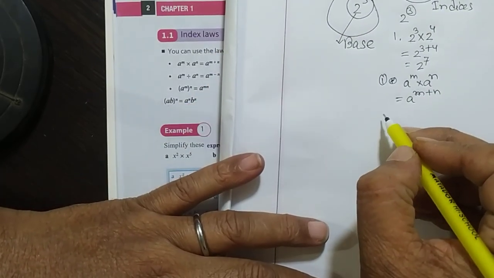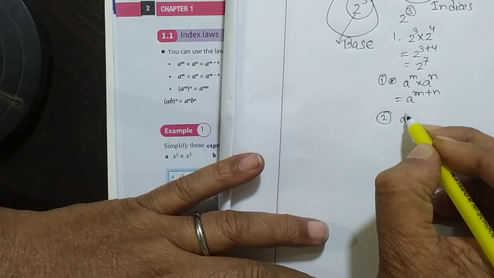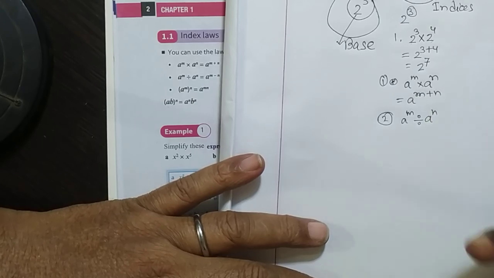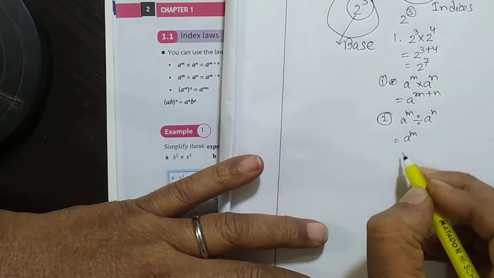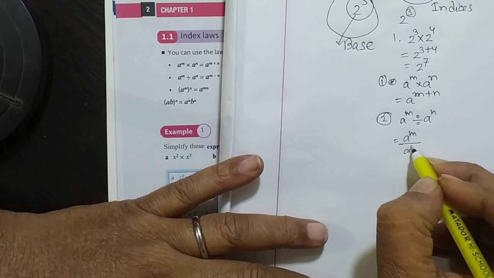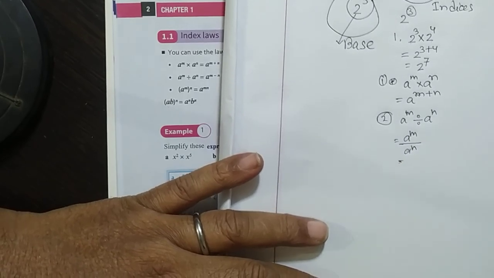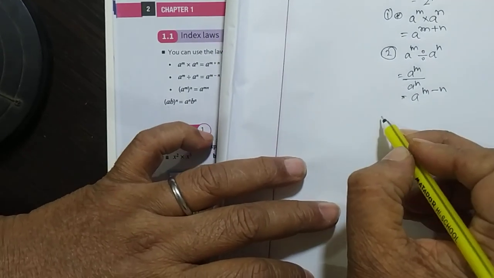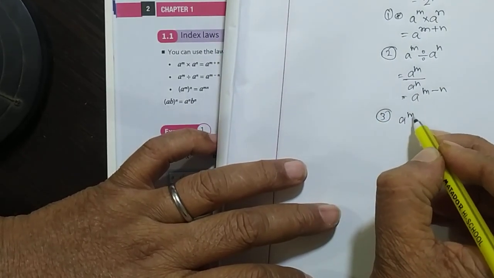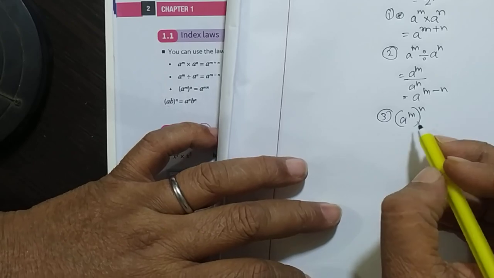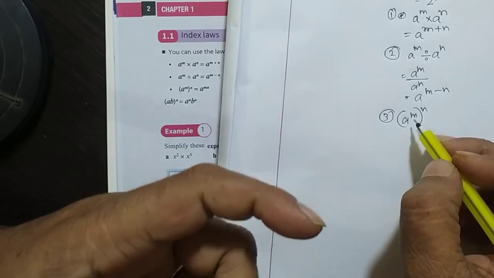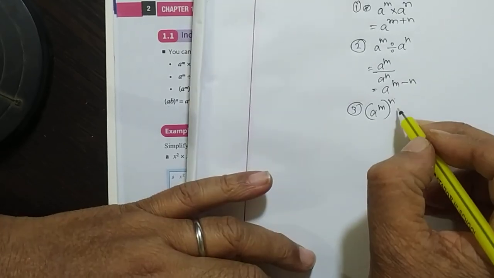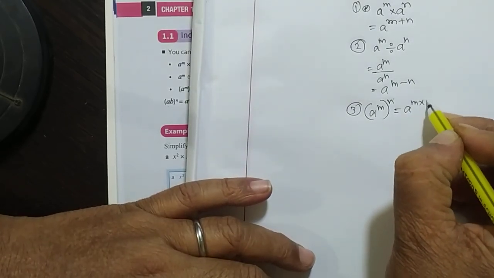Similarly, rule 2 is a to the power m division a to the power of n. It can be written as a to the power m divided by a to the power n, also same thing. So a to the power m minus n. Another rule given in this book, a to the power m to the power of n. That means if there is a power on another power, the powers will be multiplied with each other.